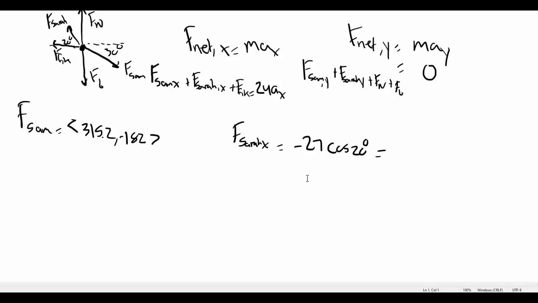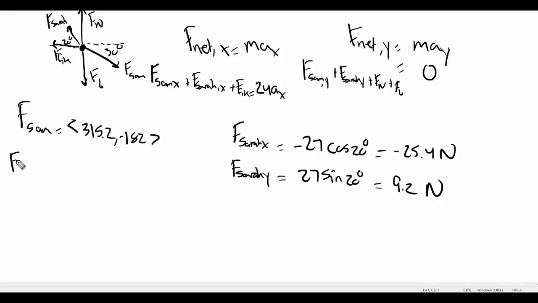So 27 cosine 20 is negative 25.4 newtons. And then F Sarah Y would be positive 27 sine 20 degrees. 27 sine 20 is 9.2 newtons. Okay, so F Sarah, I'm only writing this for conciseness in vector component notation.